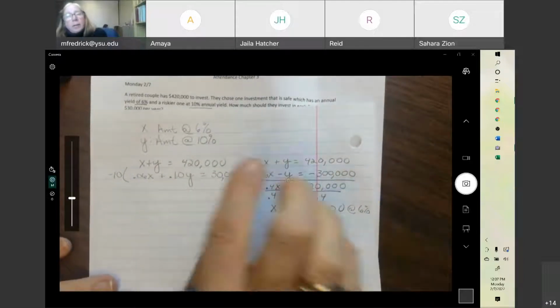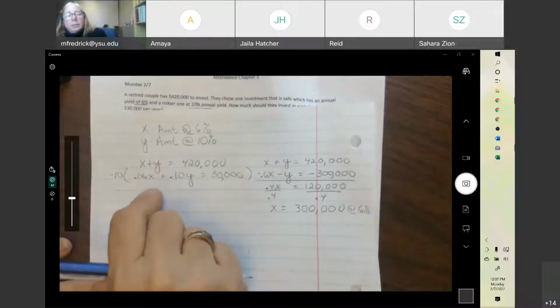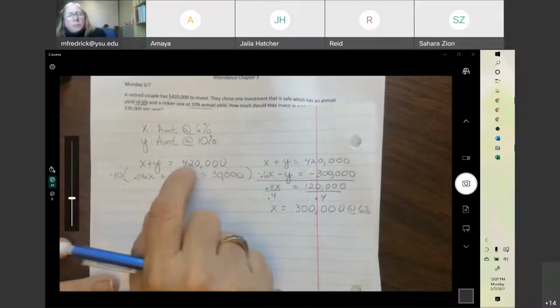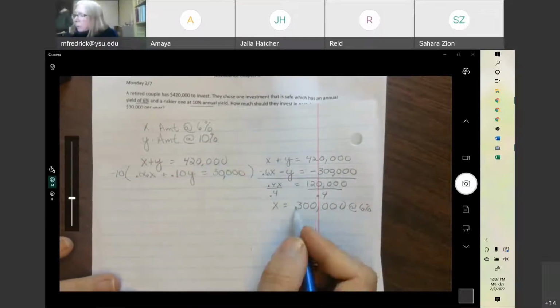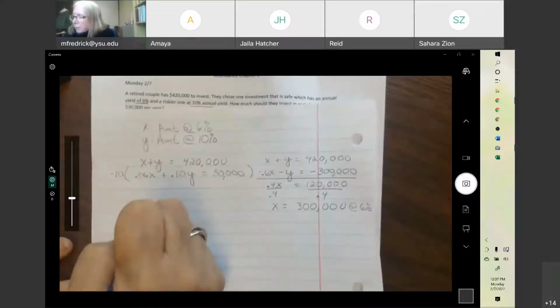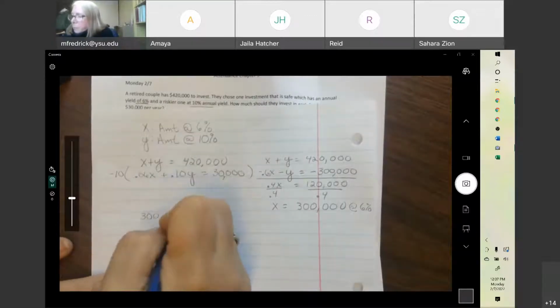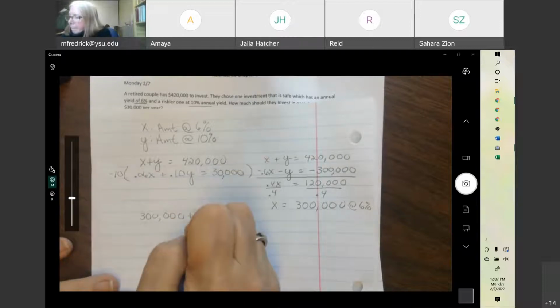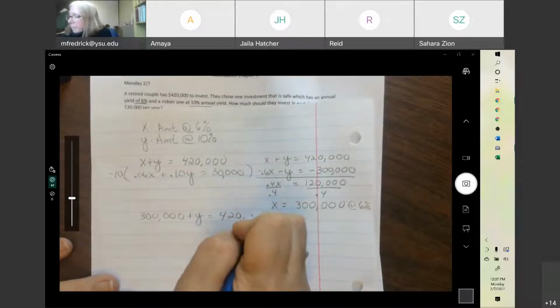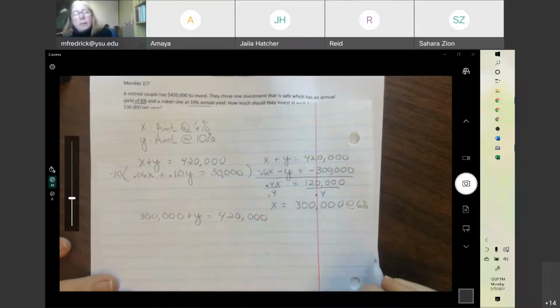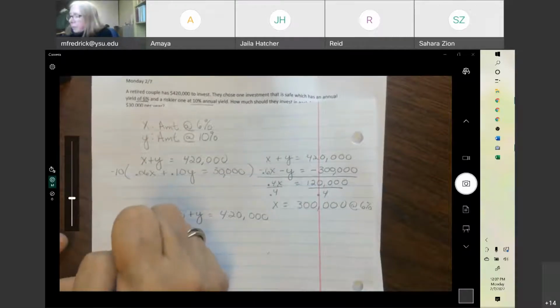To find Y, plug it into either equation. Of course, I'm going to use the first one because it doesn't have any decimals. And X is 300,000. Subtract the 300,000.